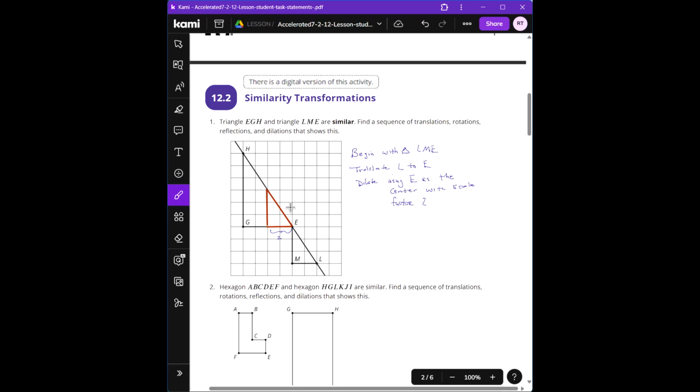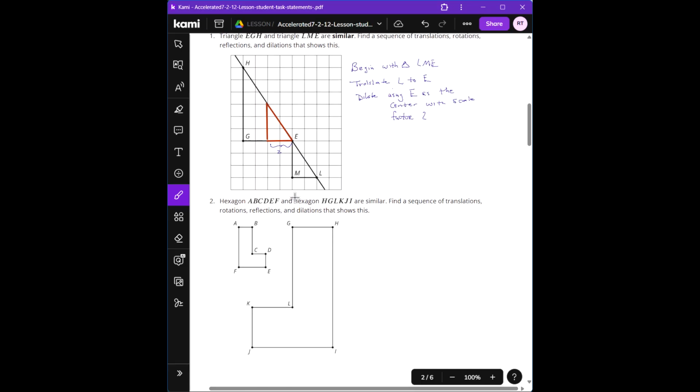Let's do number 2. All right, so what we can do here is we can begin with A, B, C, D, E, and F. We're going to start with the small one.